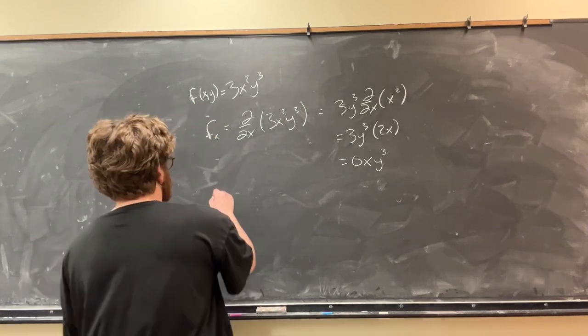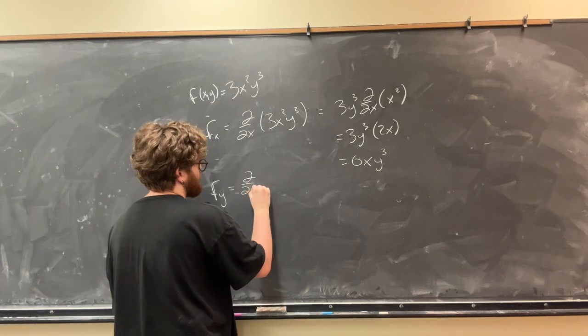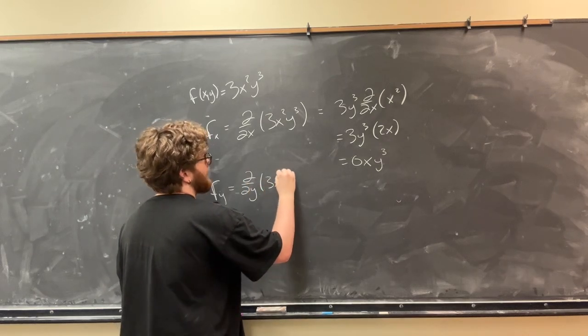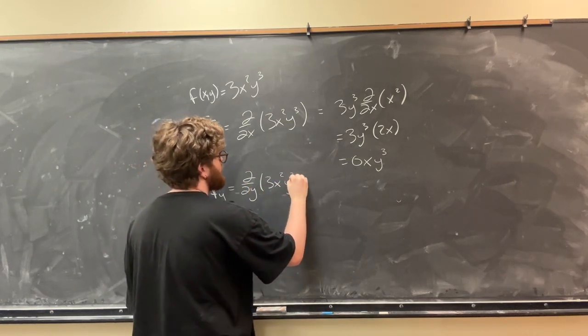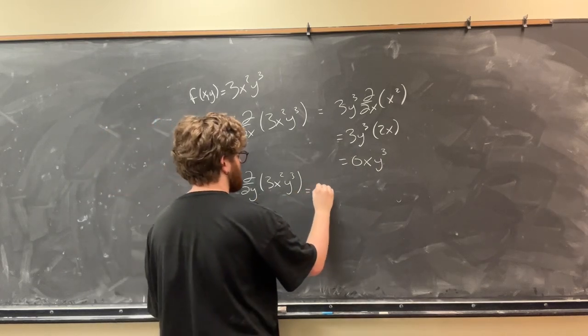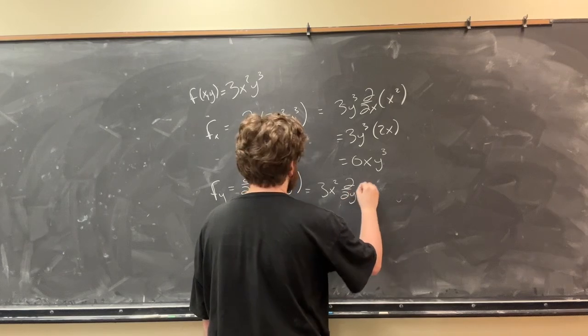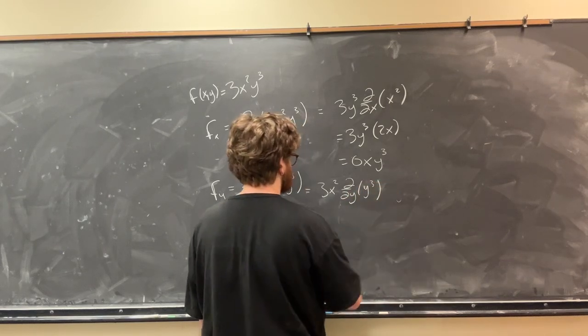Cool. And then our partial with respect to y is the partial with respect to y of 3x squared y cubed. We can bring the non-y stuff out now. So that's 3x squared times the partial with respect to y of y cubed.